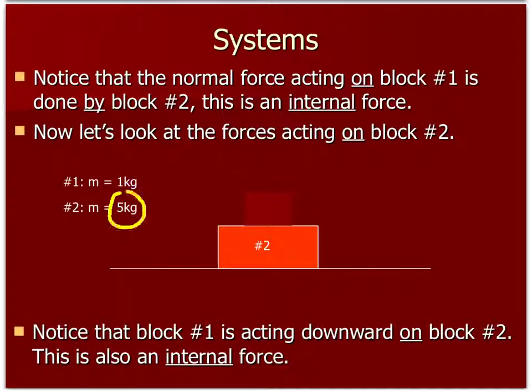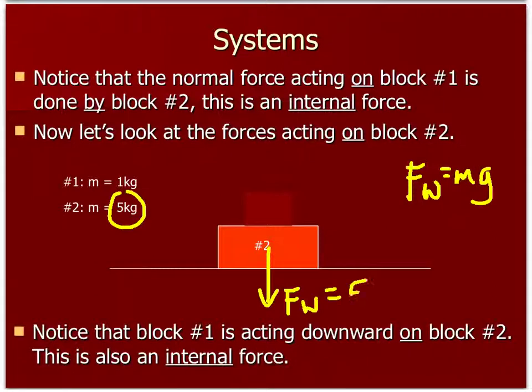Remember, block 2 has a mass of 5 kilograms. So we know that if we look at just the weight of block number 2, Fw is mg again, so just the weight of block 2 would be 50 newtons. However, notice that block 1 is also acting downward on block 2. So there's another Fw here from block 1, and we'll call it 1 and 2, of 10 newtons.